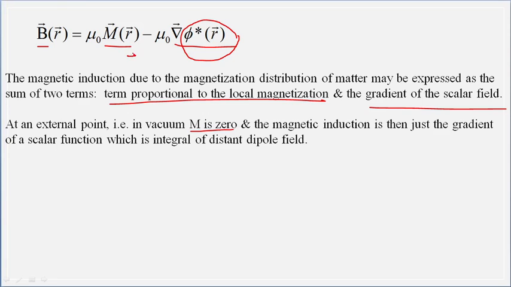If this quantity is 0, then the magnetic induction will be minus mu naught gradient of that magnetic scalar potential. So it is just the gradient of the scalar function, the magnetic scalar potential. What happens is this material will act like a dipole at a distance, and this can be compared to the electrostatic dipole field.